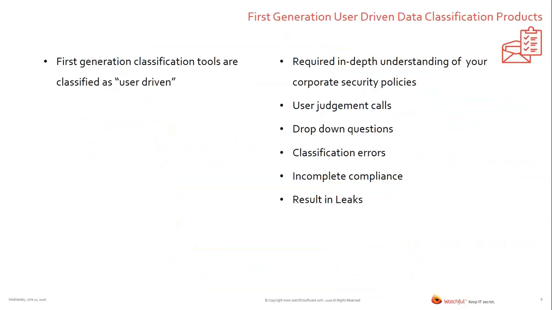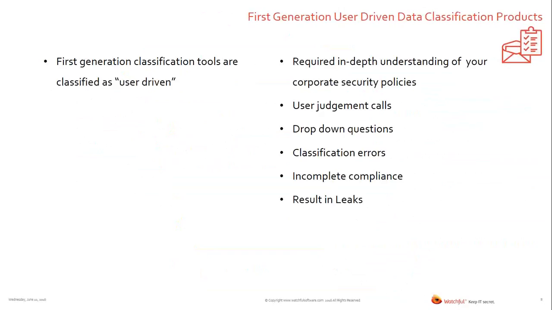And if you take a look at the number of documents that people handle over the course of a day, or create, emails and the like, it becomes really burdensome, and it slows the whole process down. It also results in a large number of classification errors, which live indefinitely with these documents. As a result, compliance with the corporate policies is incomplete.